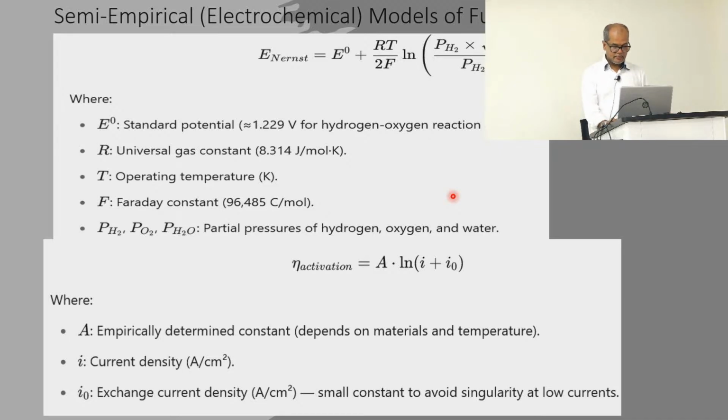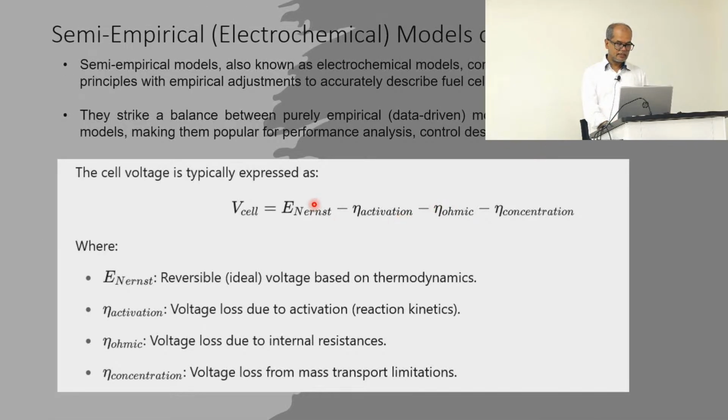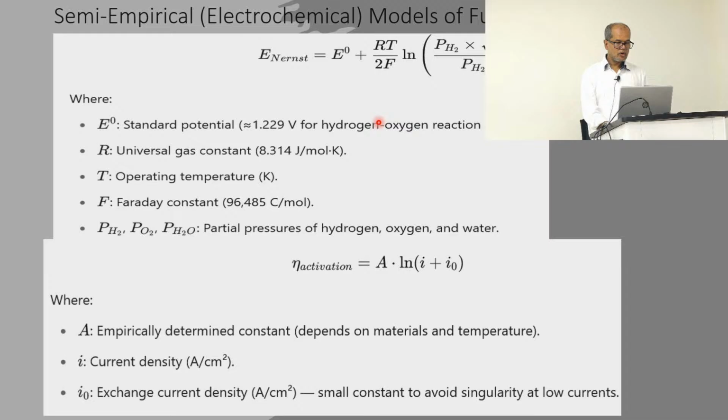So, in the previous equation you see the reversible voltage, which you can model using the electrochemical model that I mentioned. This is the electrochemical model that we are combining with that voltage equation.